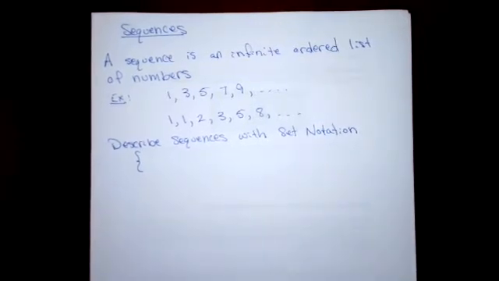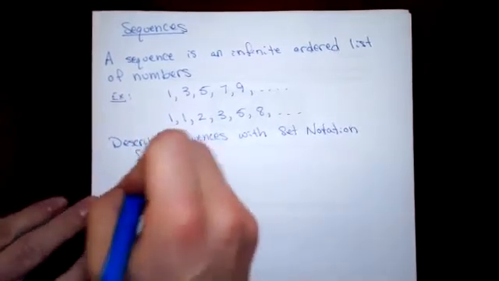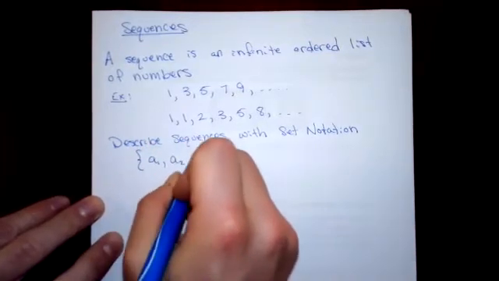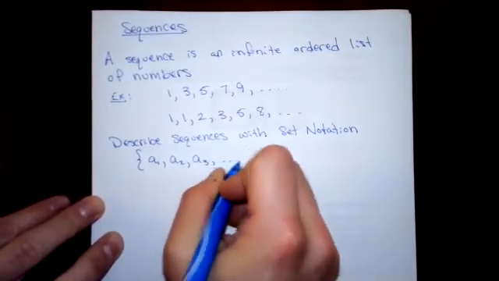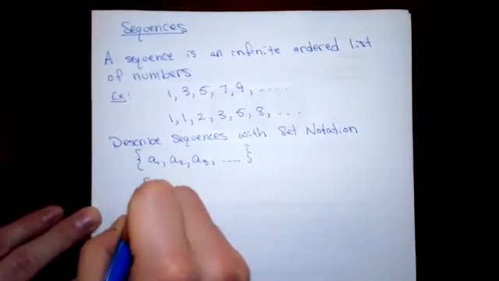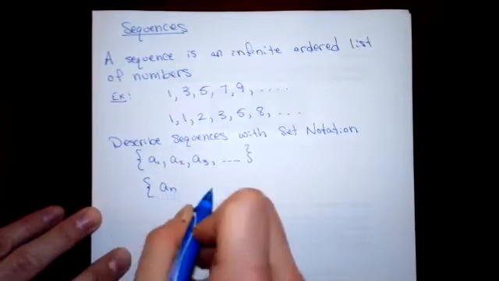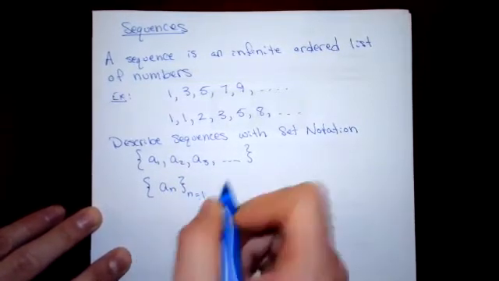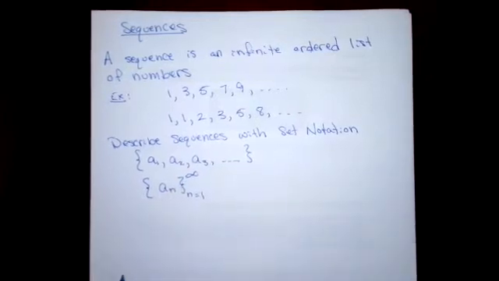And usually we need to describe those numbers in some way. So sometimes we can just list all the numbers, a1, a2, a3, etc. Or sometimes we shorthand it and write something like a_n, where n is 1, 2, up to infinity.